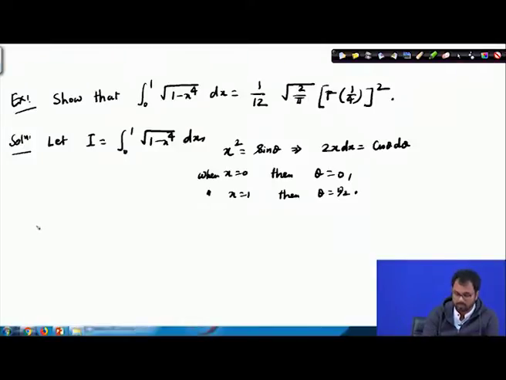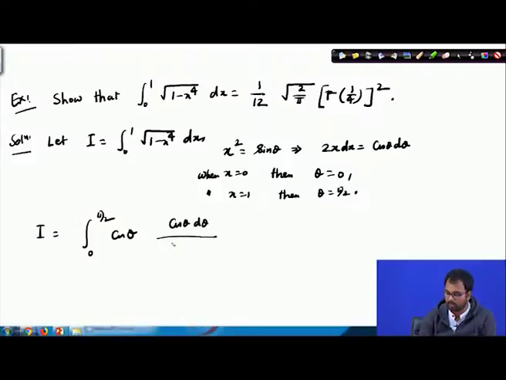Based on this, our integral I would reduce to the integral from 0 to pi by 2 of square root of 1 minus sin square theta. This is basically cos square theta, and its square root gives cos theta, and dx turns into cos theta d theta divided by 2 square root of sin theta.